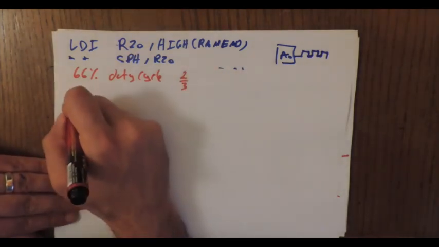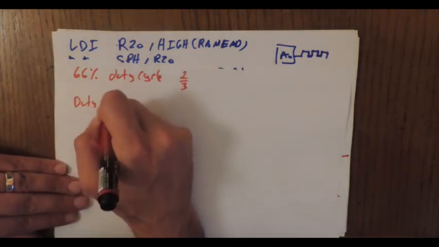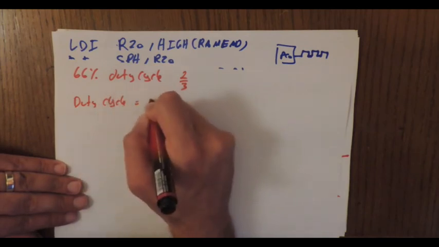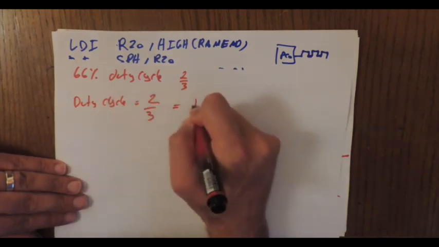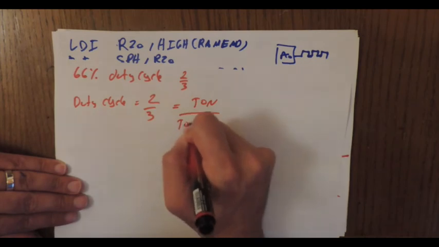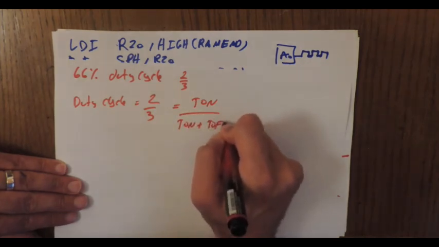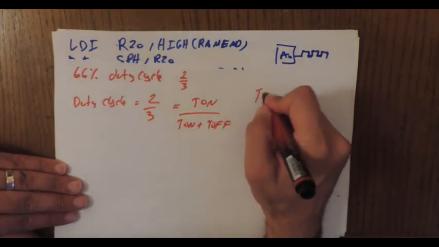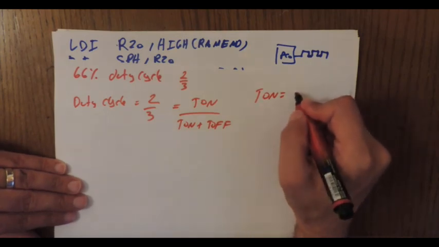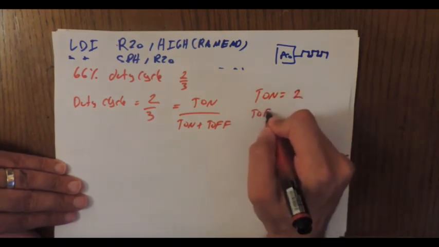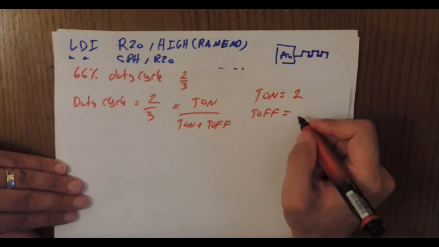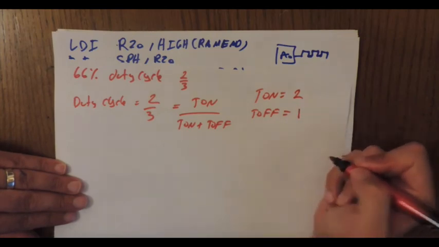So the duty cycle is equal to 2/3, which implies T on over T on plus T off. This means T on will be 2 and T off will be 1.